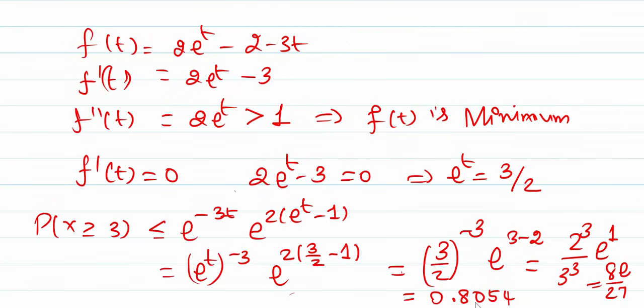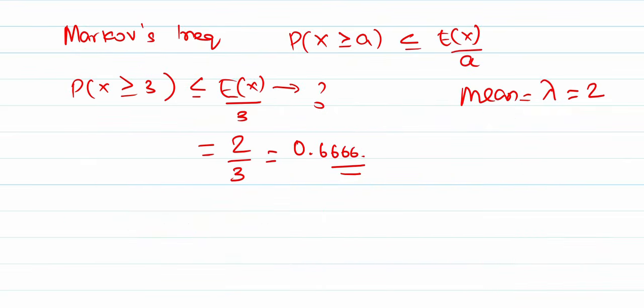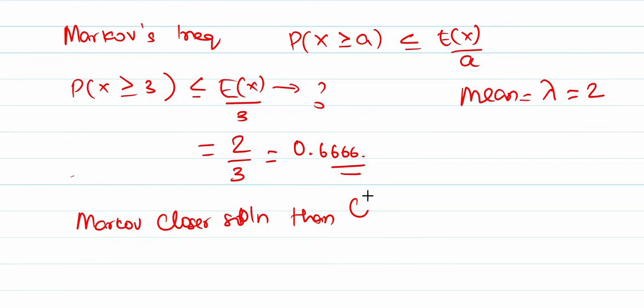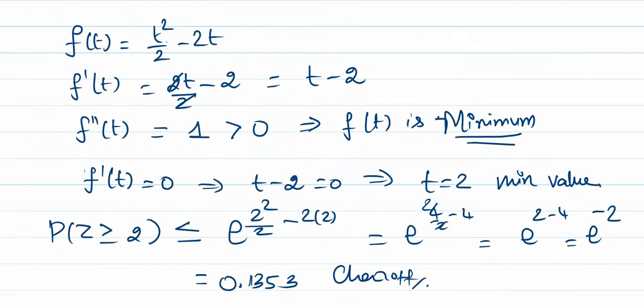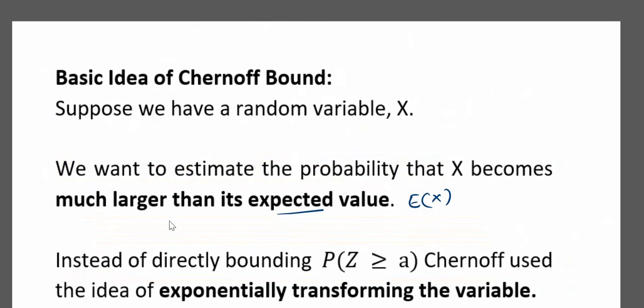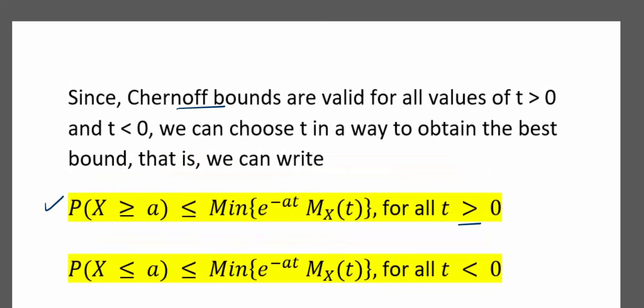Okay, so this is the answer which we get through Markov, and the value which we get through Chernoff is 0.8054. Which do you think is going to be closer? Now we see that Markov is providing us a closer solution than Chernoff. But why is this happening? When we started, what we had was the estimate of the probability of x becoming much larger than its expected value. If you have a value which is going to be greater than the expected value, then you can expect Chernoff to give you a closer or appropriate value.